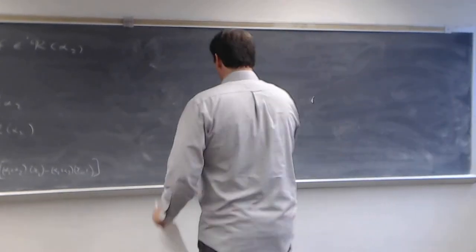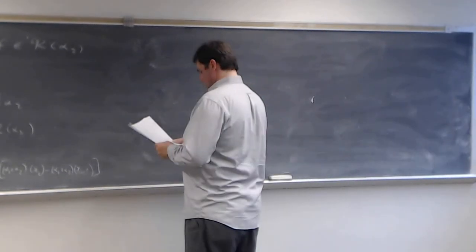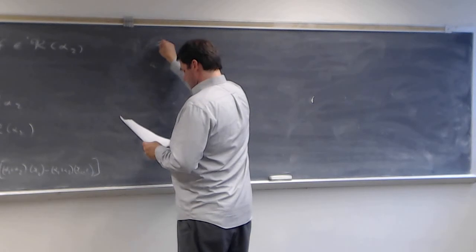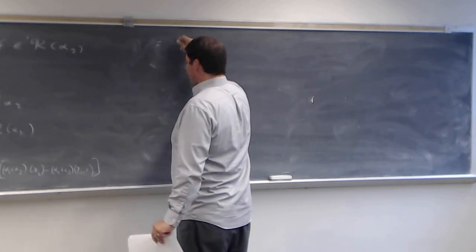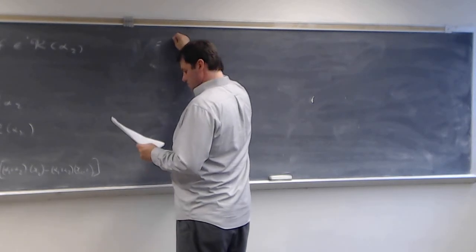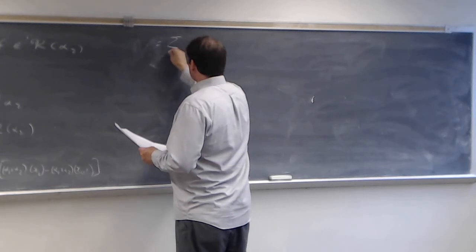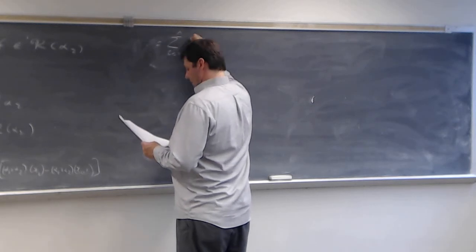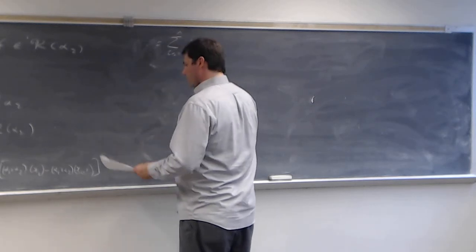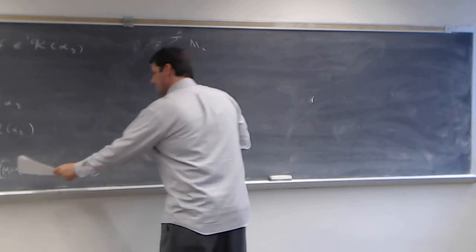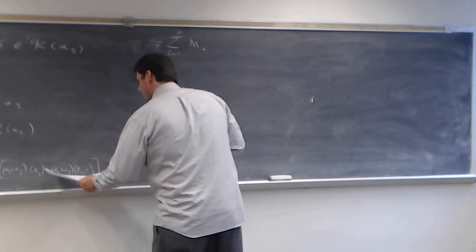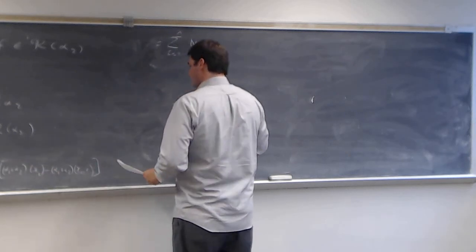Okay. Now that's equal to the sum as i runs from 1 to n of big M sub i, and rearranging these terms, I'm going to take the alpha sub 1 of x sub i minus the alpha sub 1 of x sub i minus 1.